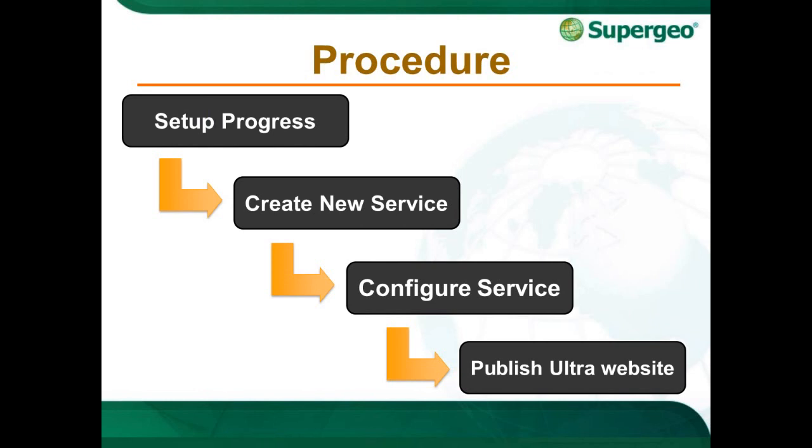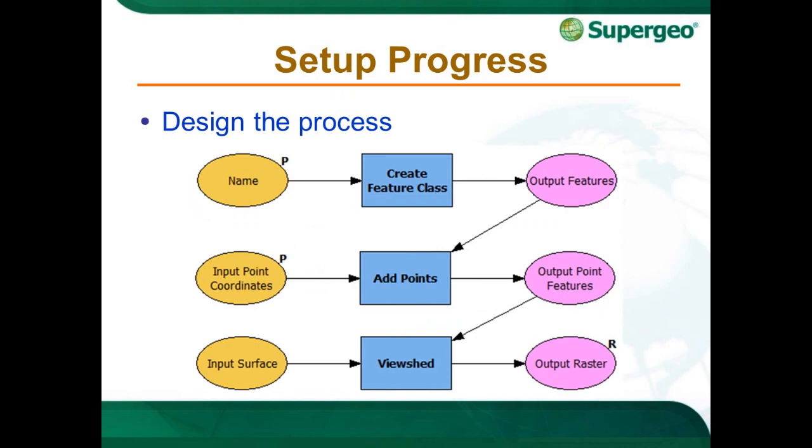So the procedure is quite the same as when we conducted the buffer analysis, but a little different in that we're going to feed in the raster data. This is going to be the core design of the viewshed process, where we allow the user to add a point.